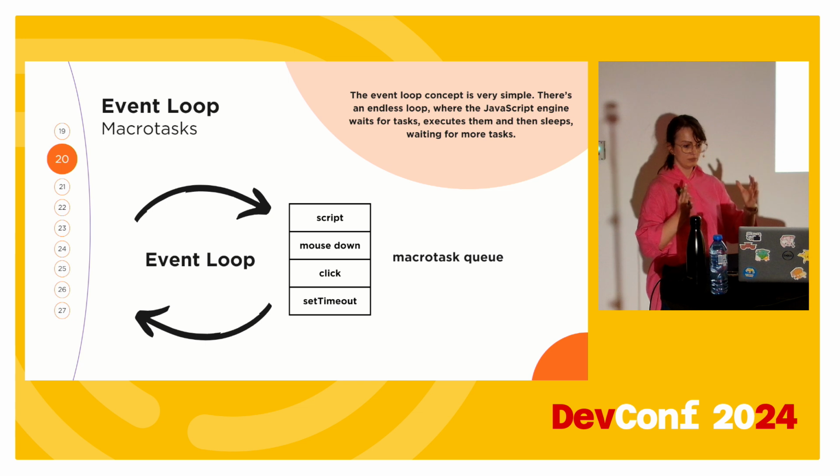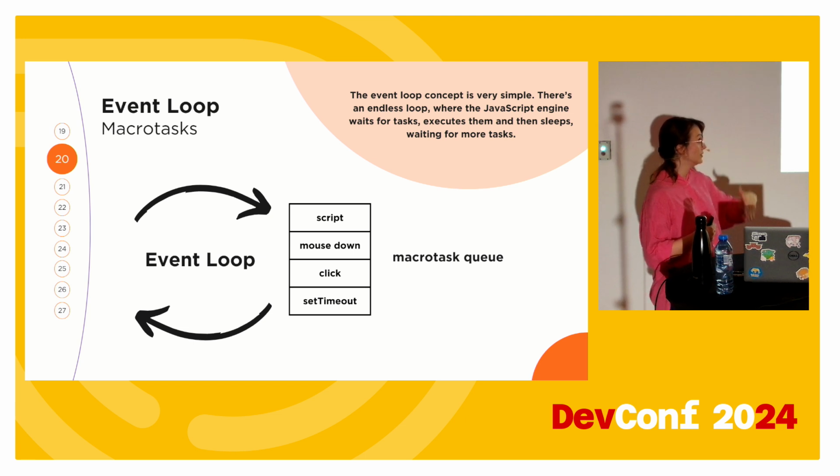In this loop it is waiting for tasks. If it has some, the tasks are executed, and then it sleeps and waits for new ones. And how does it work? First in, first out. So the rule is really simple.